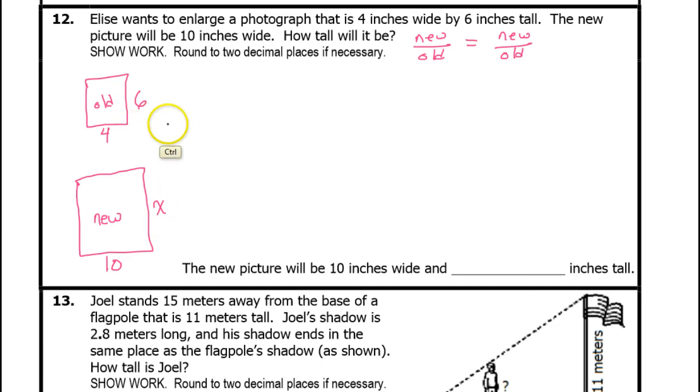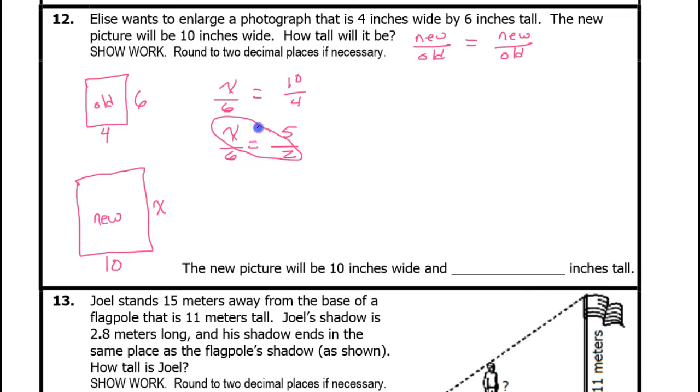So new over old, corresponding sides would be x over 6, and then another pair of corresponding sides would be 10 over 4. Alright, we've got to keep it new over old equals new over old. This reduces down to 5 over 2, and then we cross multiply.